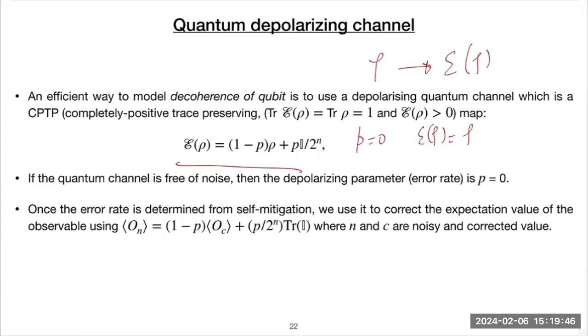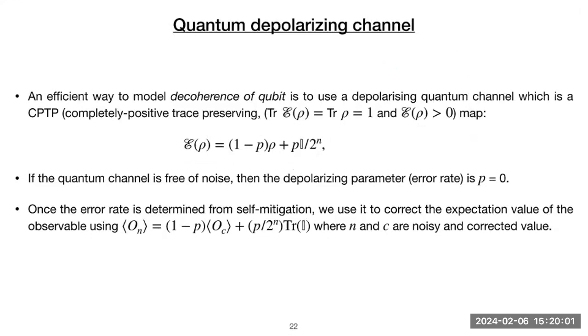That means the channel is completely proper, completely unitary. There's no error happening. But in general, P is not 0. And this is what is going to happen to this density matrix as it passes. So we can use this equation because we already know the probability of error from the C0 experiment we did. And then we can correct the expectation value using this equation here.